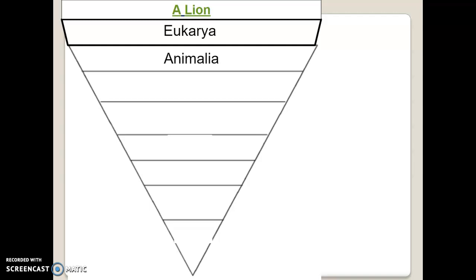Lions are in the kingdom Animalia. Then after kingdom is the phylum. Lions are in the phylum Chordata. They are called chordates. So that means they have a dorsal nerve cord. After phylum, we have the class. So they're class Mammalia.